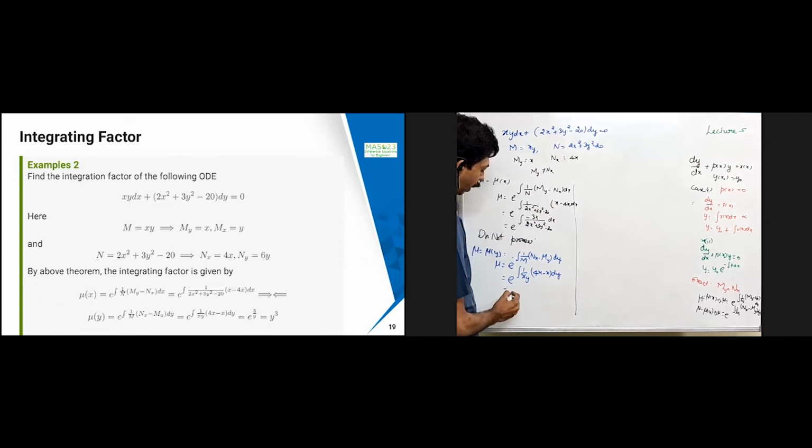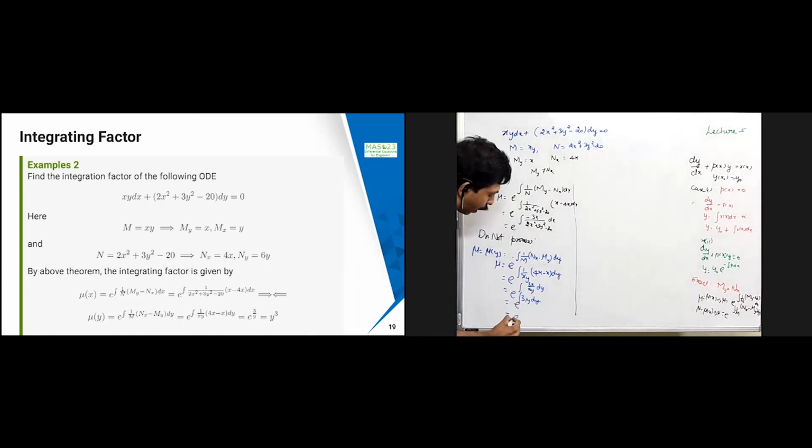So this is e power integral 3x by xy dy. The x's get cancelled, so you get e power integral 3 by y dy. Here you can see that mu is a function of y only. There is no x involved here. So therefore here we can proceed.